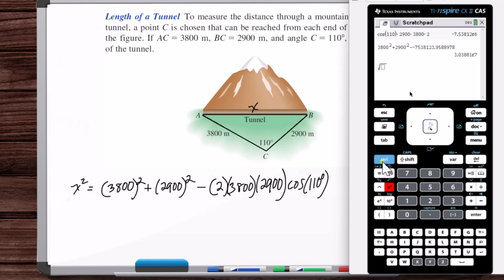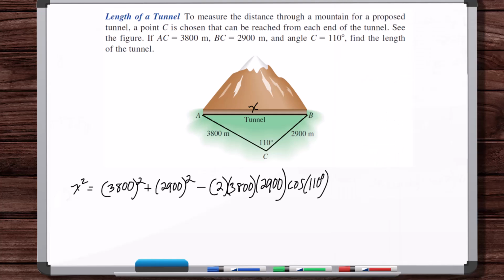Now take the square root of that. And so we get 5,513 meters. Okay, and there you go.